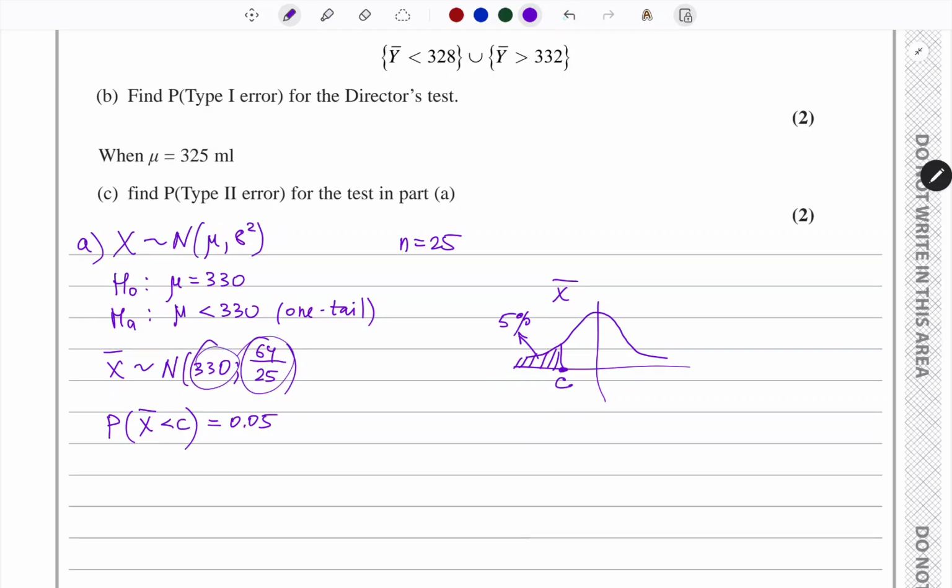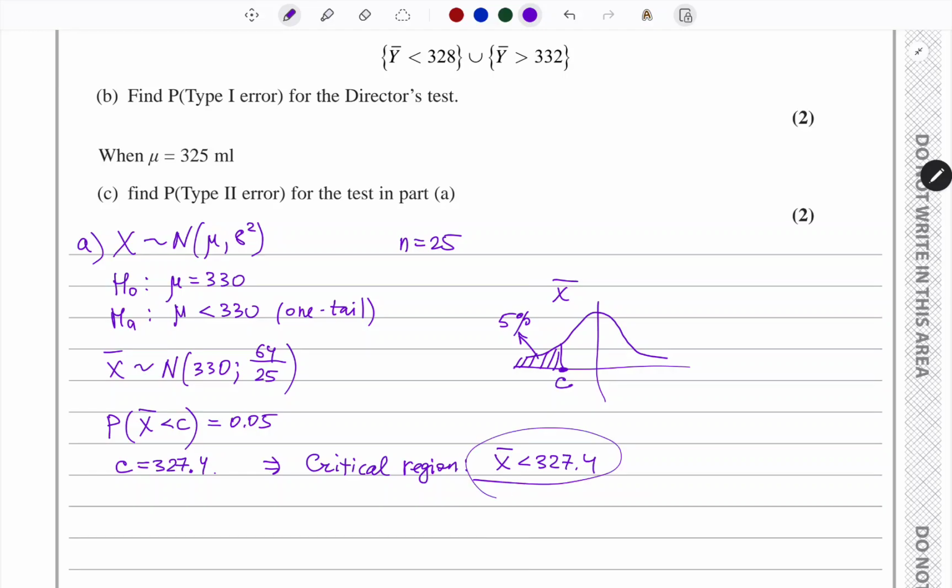All the parameters of the normal distribution are given, so we can use the inverse normal function of our calculator to produce the value of C. So that value of C is 327.4. So it means the critical region looks like X bar is less than 327.4.